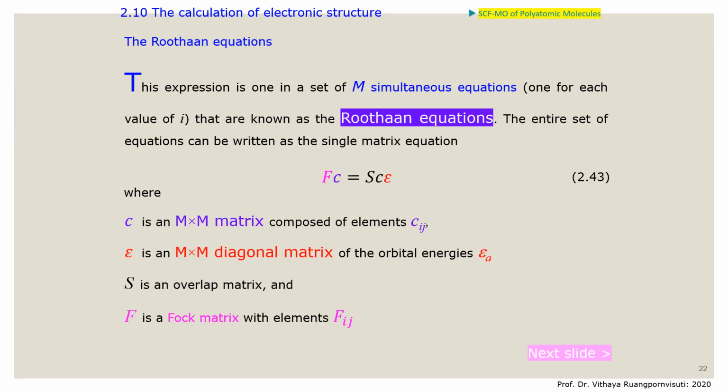The entire set of equations can be written as the single matrix equation, equation 2.43, where C is an m times m matrix composed of elements C i j, E is an m times m diagonal matrix of the orbital energies E a, S is an overlap matrix, and F is the Fock matrix with the elements F i j.